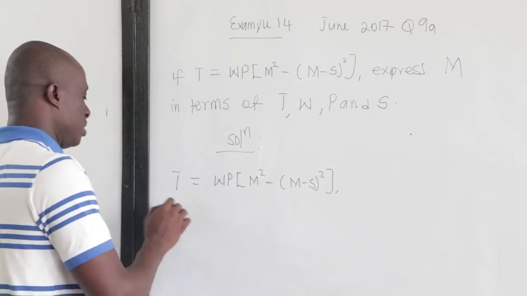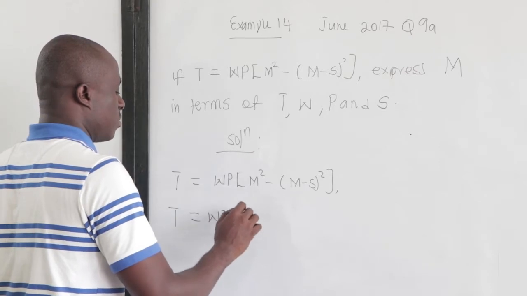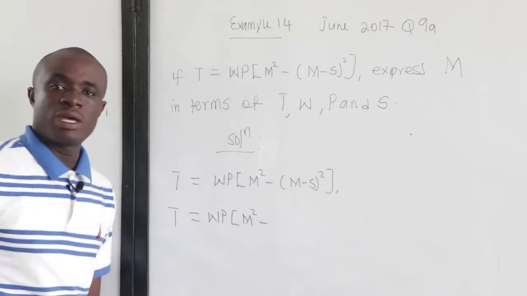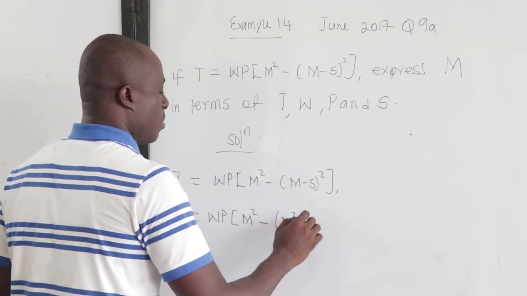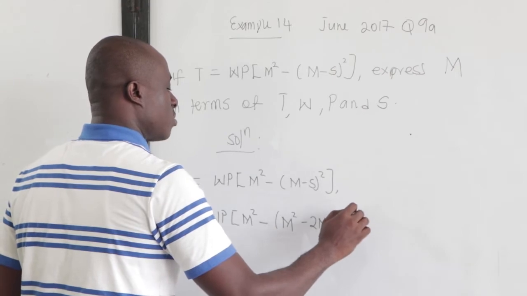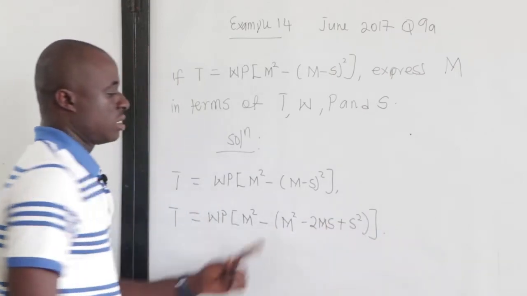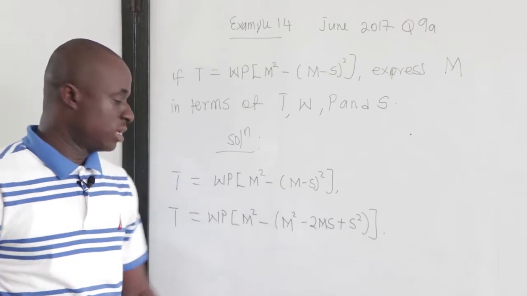Bring down T equals WP, we have M squared. Now we have to expand M minus S all squared, which is M squared minus 2MS plus S squared. That is the expansion for what is in bracket. There's a negative here, so we expand with the negative.